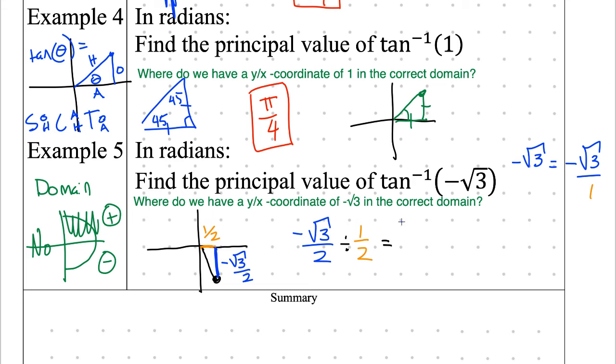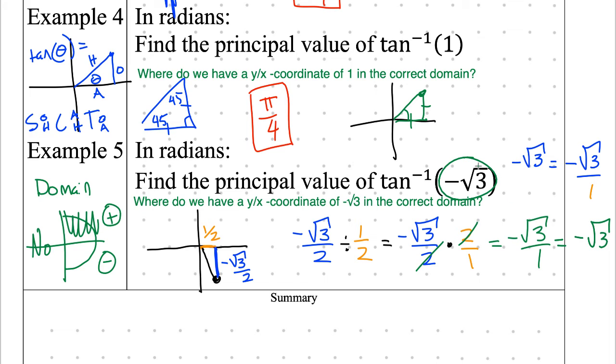Keep it is going to be negative root 3 over 2. Change it to a multiplication from division and flip it to 2 over 1. And look at this. The 2's cancel each other out, and I'm left with negative square root of 3 over 1, which is this fraction, which I can simplify even further to just say this is negative root 3, which is exactly what that input for our arctangent function was asking for.